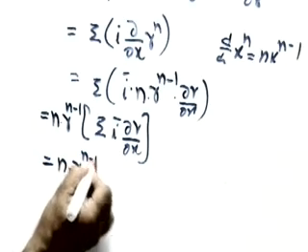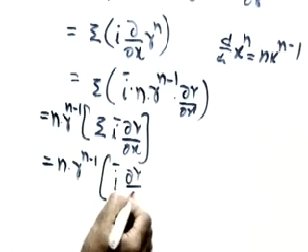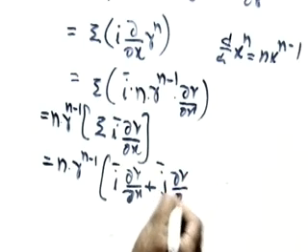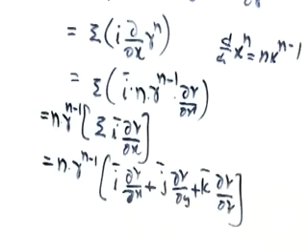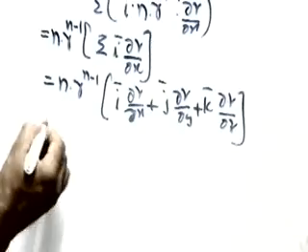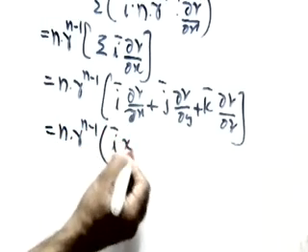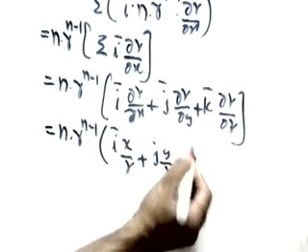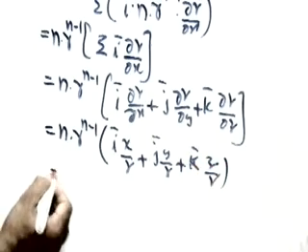Now if you expand this, you get three terms: i dou r by dou x plus j dou r by dou y plus k dou r by dou z. So we know this is x by r, this is y by r, this is z by r. So n into r power n minus 1, i into x by r plus j into y by r plus k into z by r.